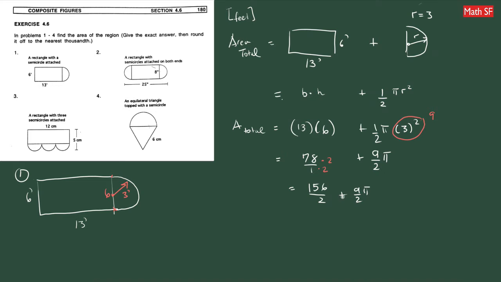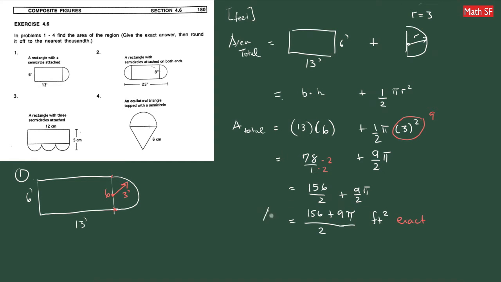So all of these combined, in the same denominator, 2 and 156 plus 9 pi. And do not forget about your units. We're talking about feet, so I could either write feet with a power of 2 here, or you can just write square feet. So this is the exact answer.